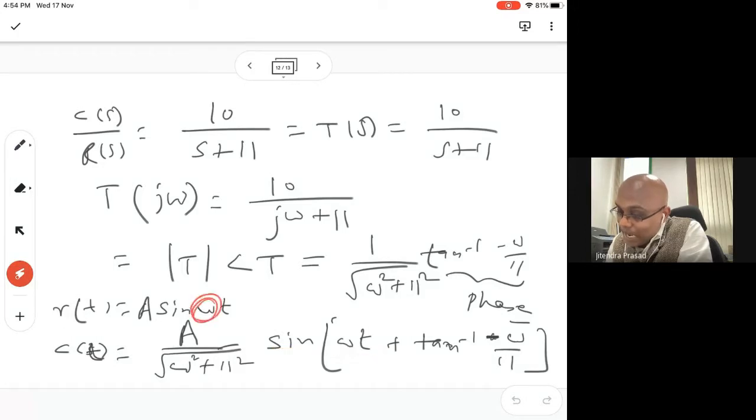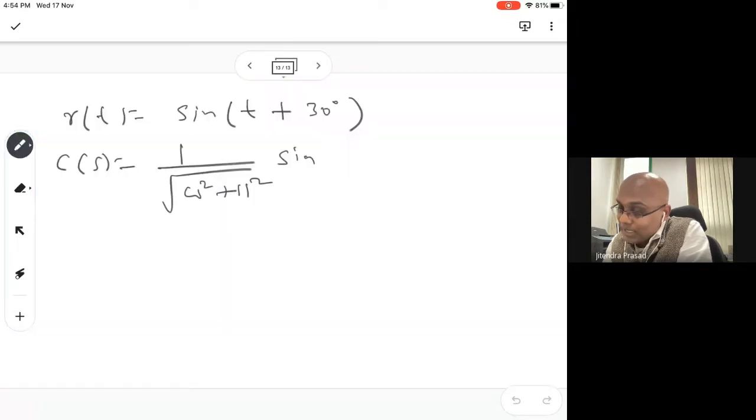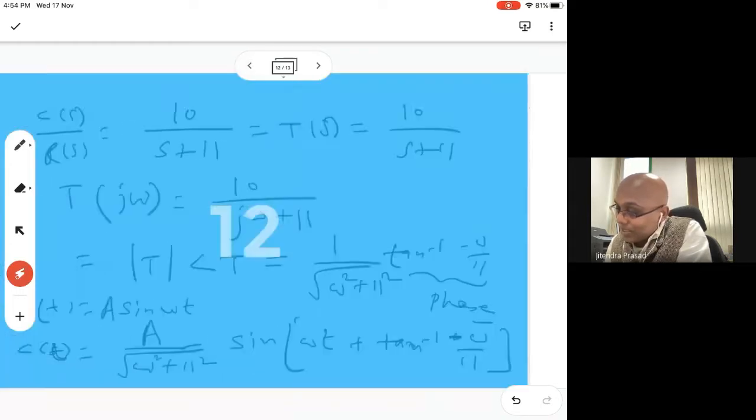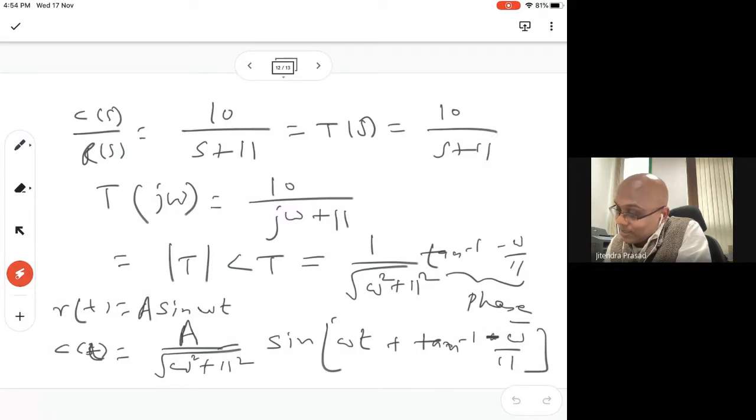Omega in our case is 1, so we will have just t, plus the 30 constant. So t plus 30.